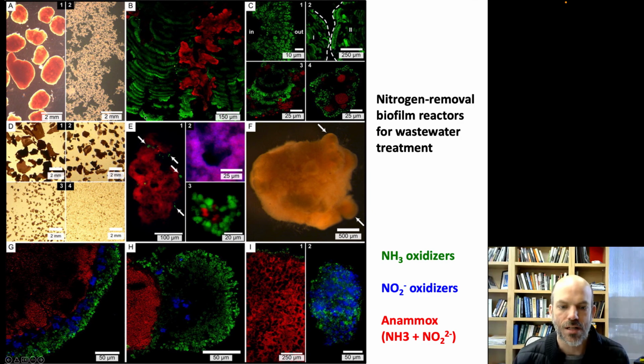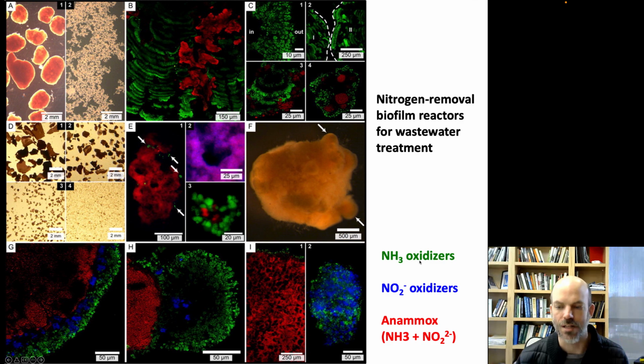But in this example, I want to highlight these images down here, where they have used experimental tricks to color ammonia oxidizers and nitrite oxidizers, which are two different classes of nitrifiers. So these are two different steps in nitrification, converting ammonia to nitrate through nitrite as an intermediate. Those are in green, so you can see those cells living here, sandwiched on top of the nitrite oxidizers.